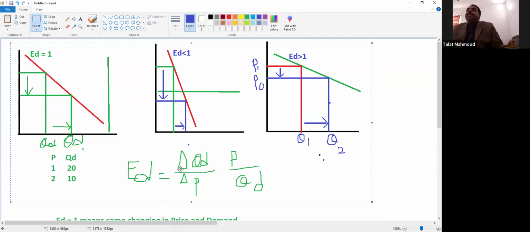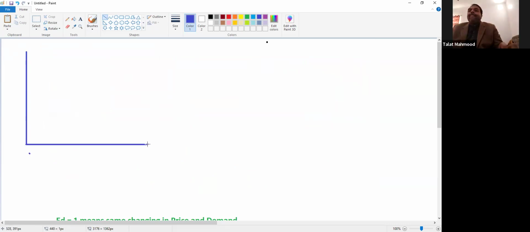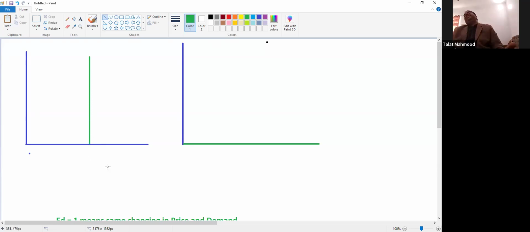So here we see two more scenarios that could be possible. Sometimes the demand curve looks like this, and sometimes like this.